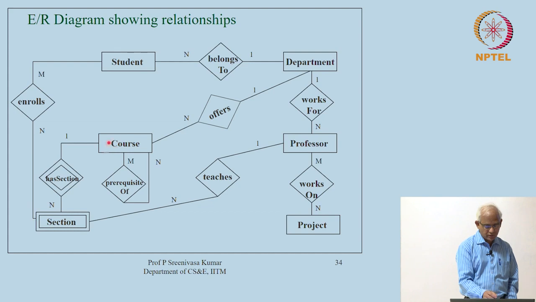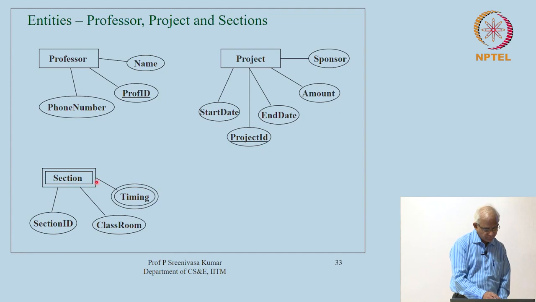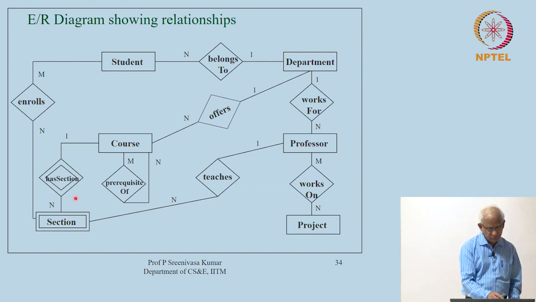Courses are not directly taught, it is the sections that are taught. Section we introduced as a weak entity earlier. That section has section ID, classroom and timing, and it is a weak entity owned by course, and this is the identifying relationship.